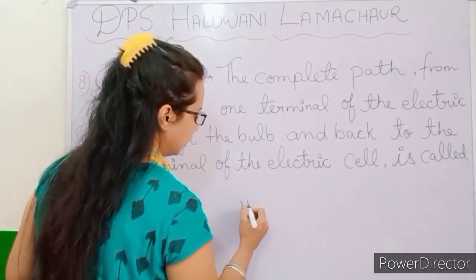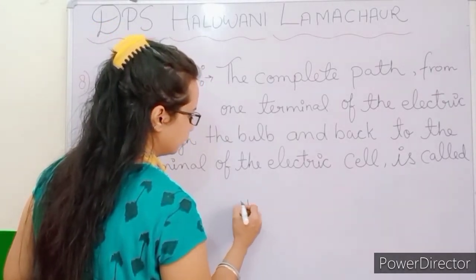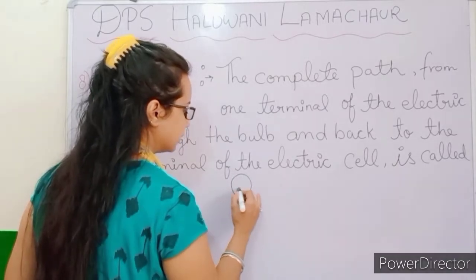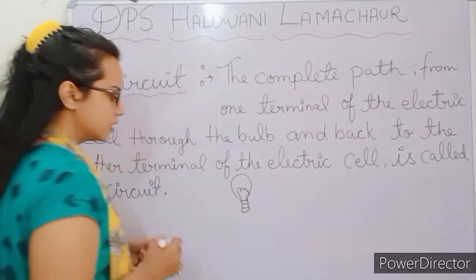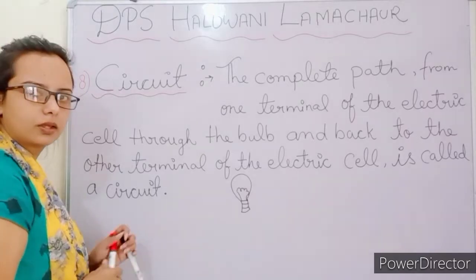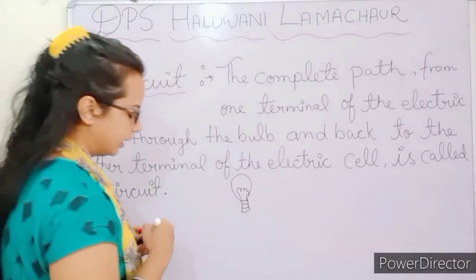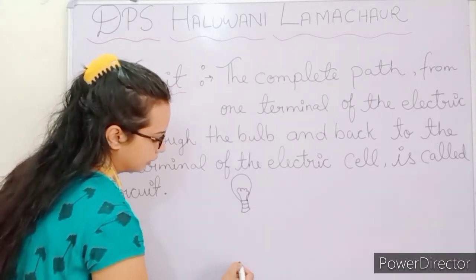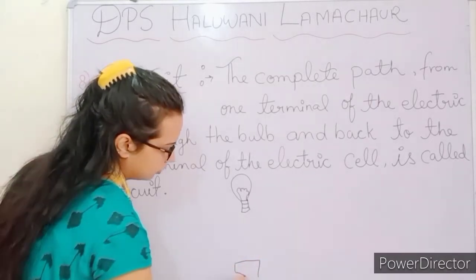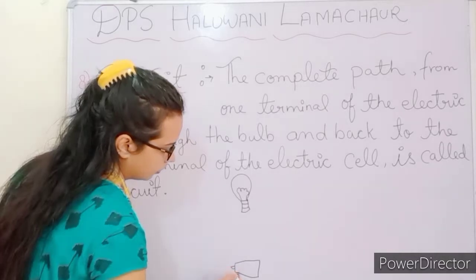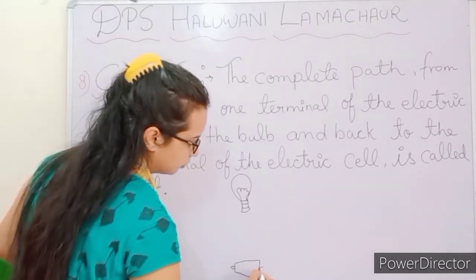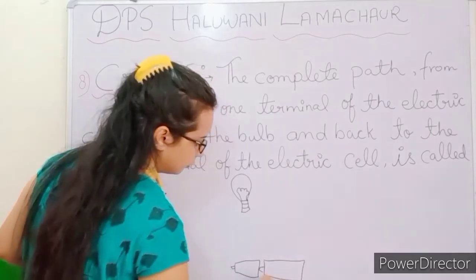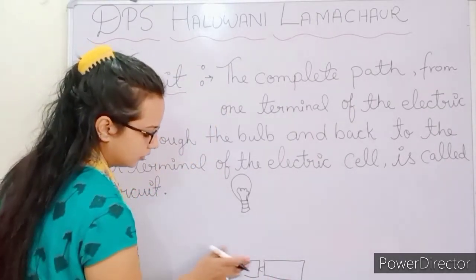For example, I am just drawing a circuit so that you can easily understand it. So this is a bulb I have made, and here I am making two batteries, one and the second battery.